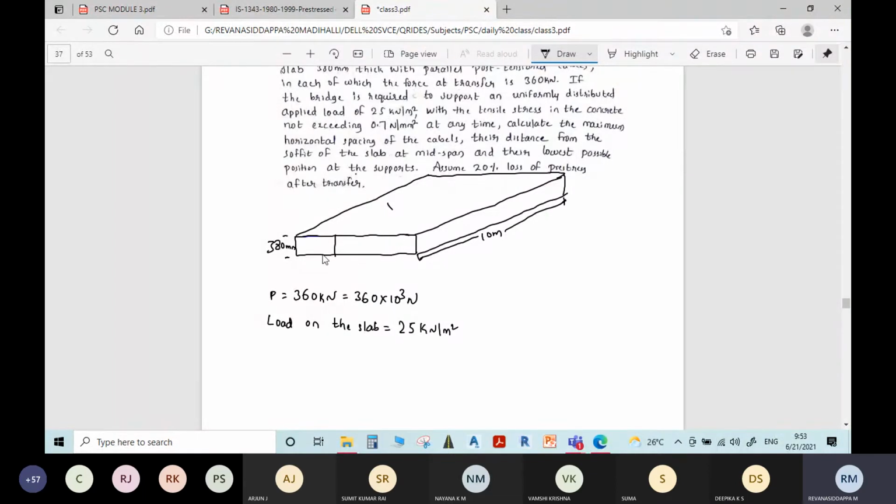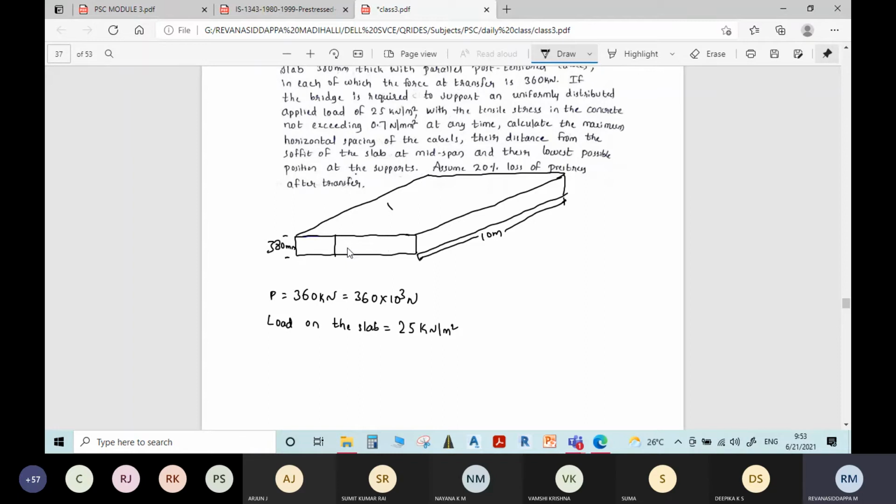So always, for making the calculations easy, we will design it for 1 meter width and incorporate the same design details for the rest of the width.